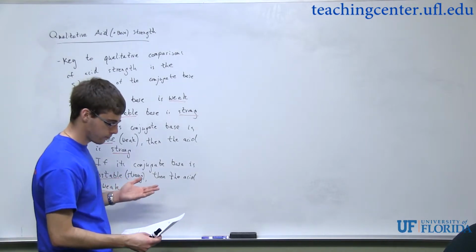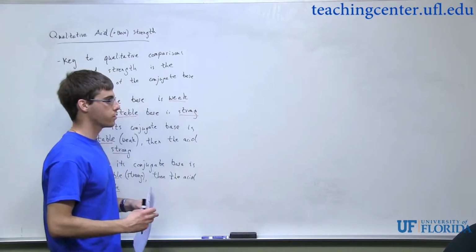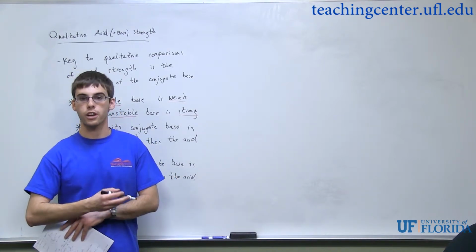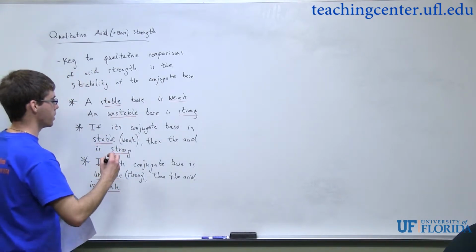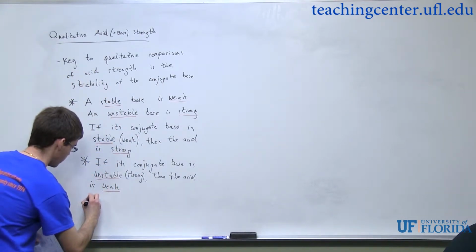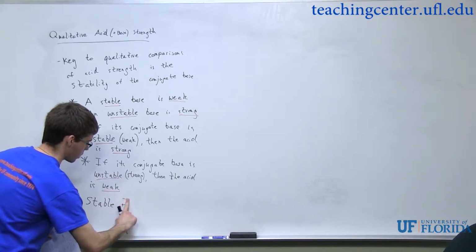So in short, the more stable a conjugate base is, the stronger the acid is. I'll just write that down here. Stable conjugate base.